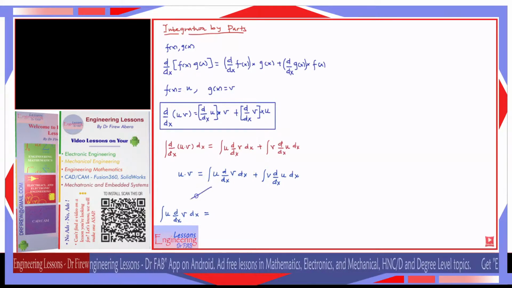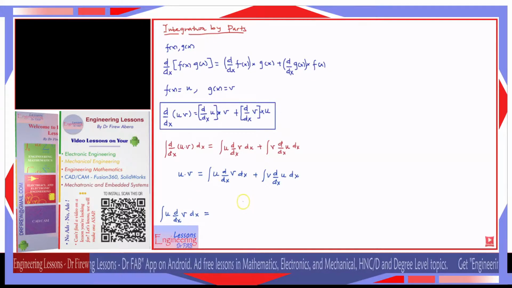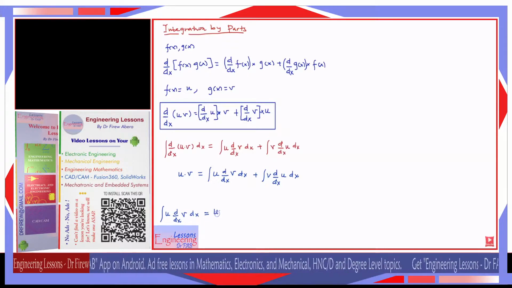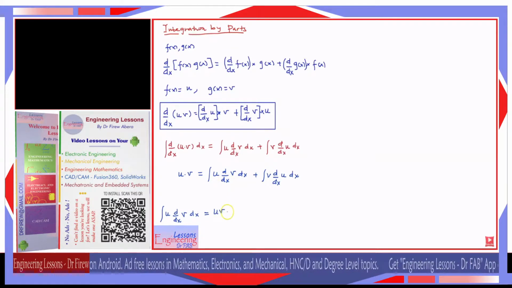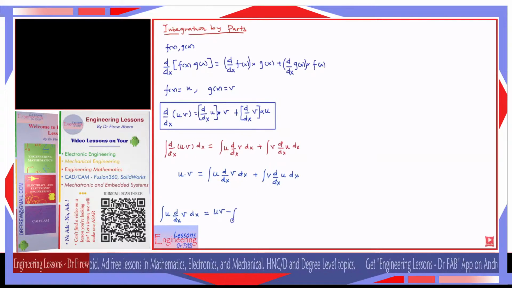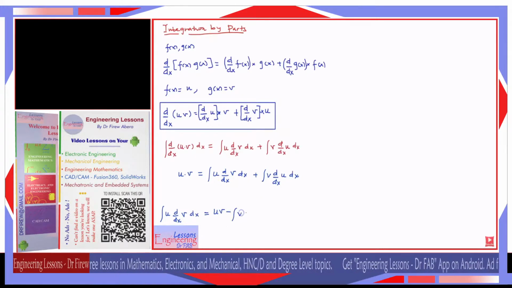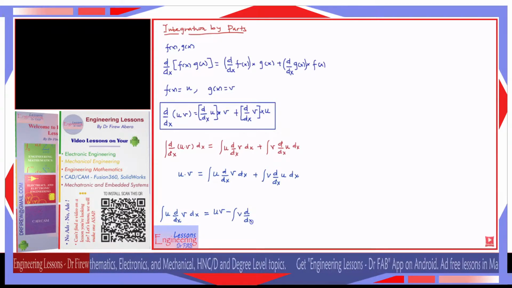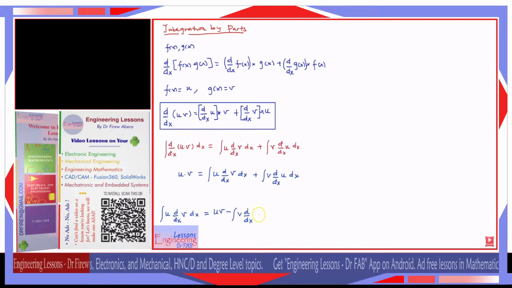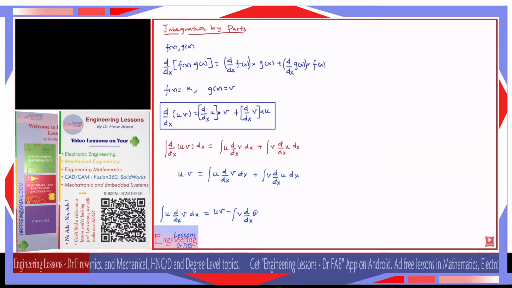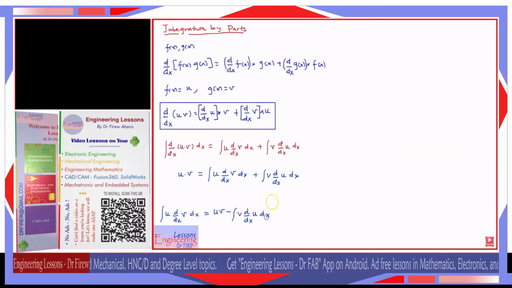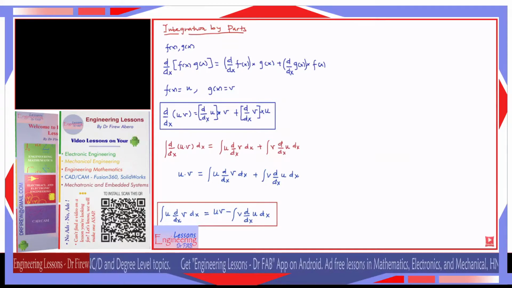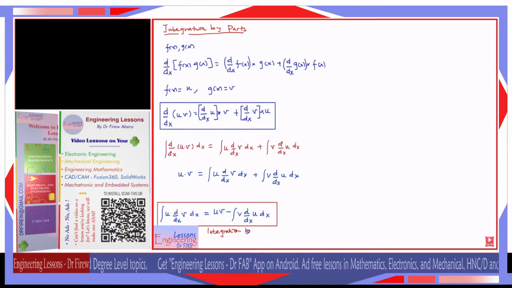Now we take the other term to the left side of the equation, so we have u times v minus the integral of v d by dx of u dx. We call this integration by parts.